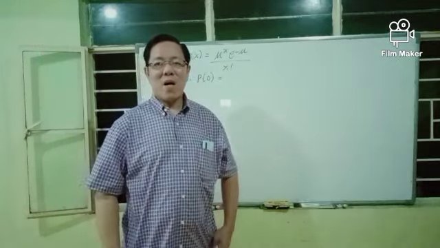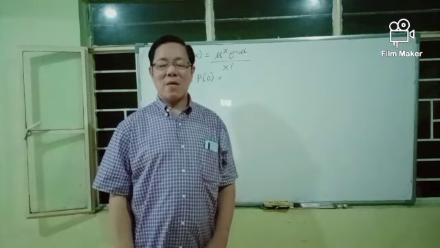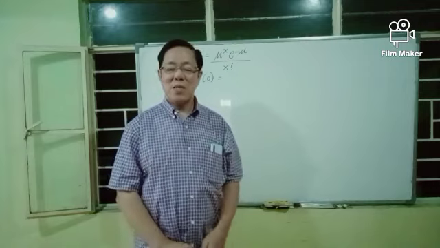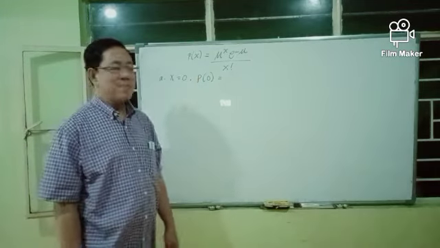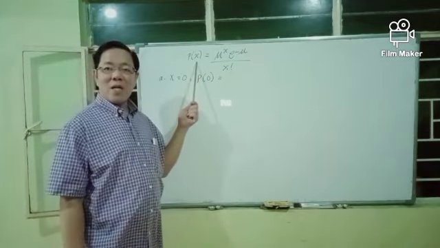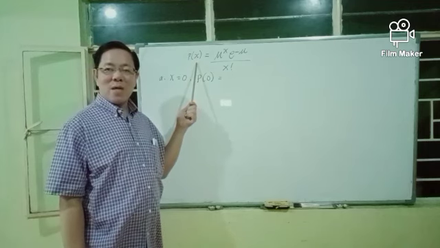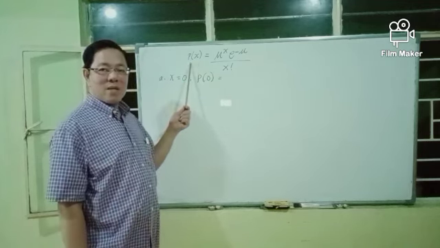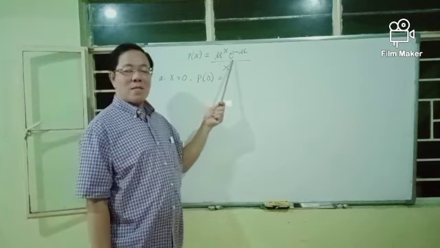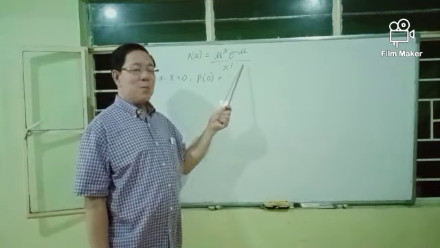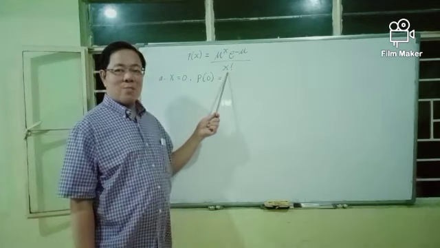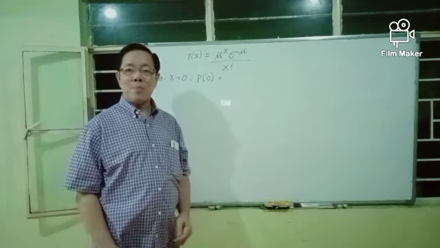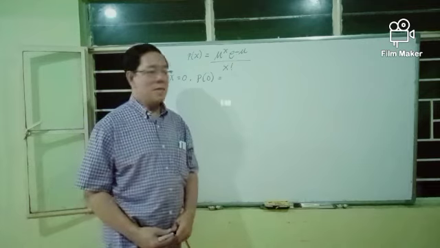Calculate the probability of no power outages in a 4-month period or 1/3 year period. We use the formula for the probability of discrete random variable x, described by Poisson probability distribution. P of x equals mu to the power x times e to the negative mu divided by x factorial, where mu given in the problem is 4.2 power outages in a year.